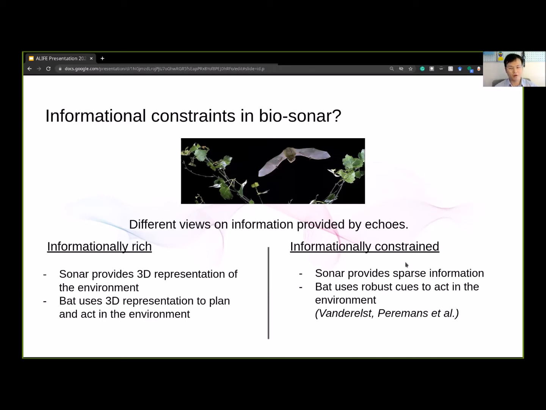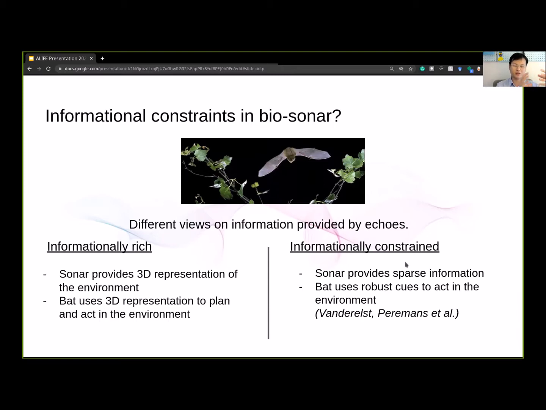However, in our group, we actually think differently. We think the reason for the high-detail and informationally rich assumption is that in a lot of previous experiments, people asked bats to locate some single target, and they were able to do that with high accuracy. However, the target in the experiment is very artificial. It's usually a single target, and the geometry of the target is very simple.